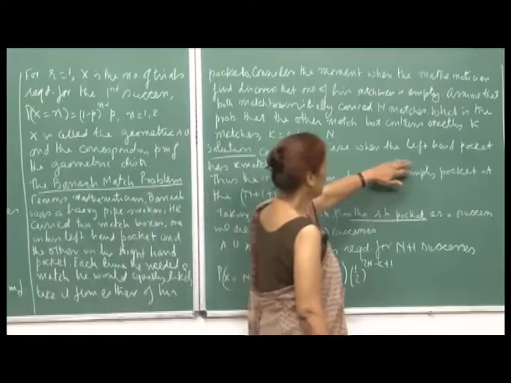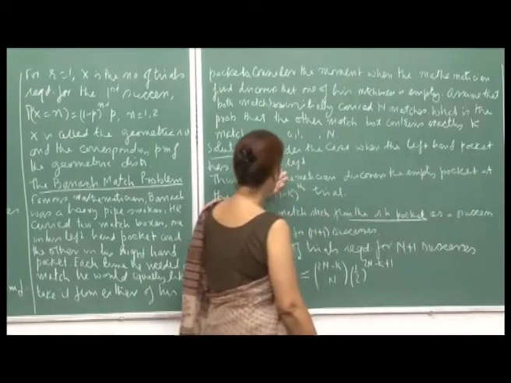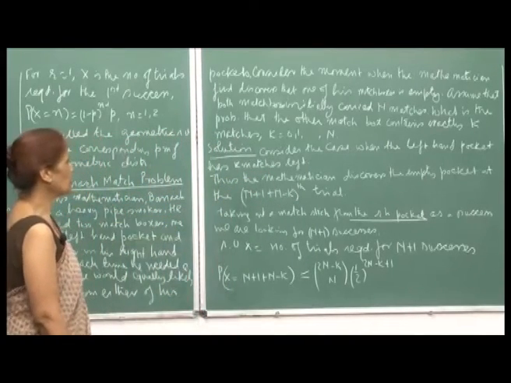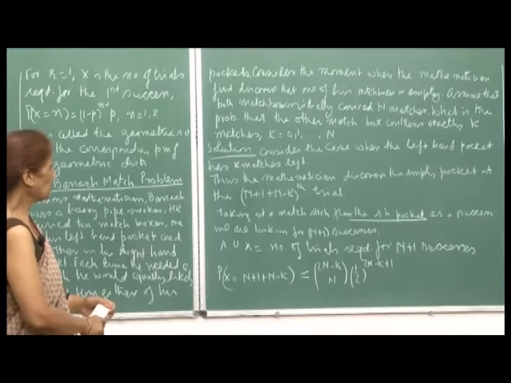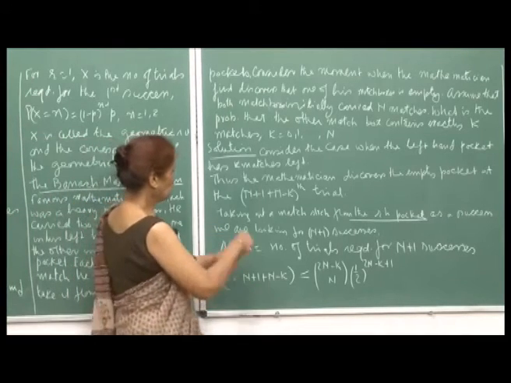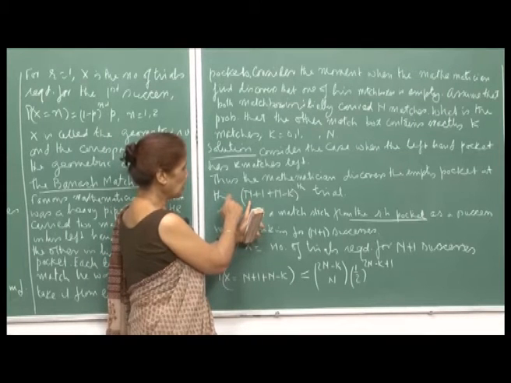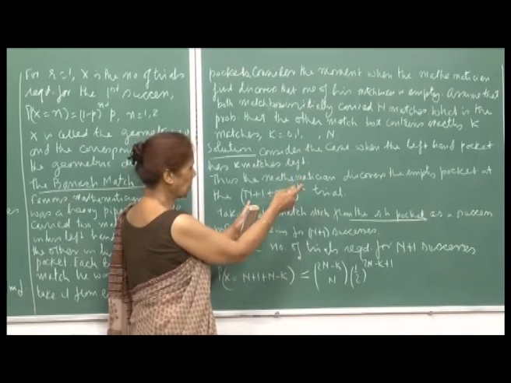Thus, the mathematician discovers the empty pocket at the following point. He emptied the n matchsticks in the right hand pocket, and he emptied n minus k from the left hand pocket, because k are left in it.